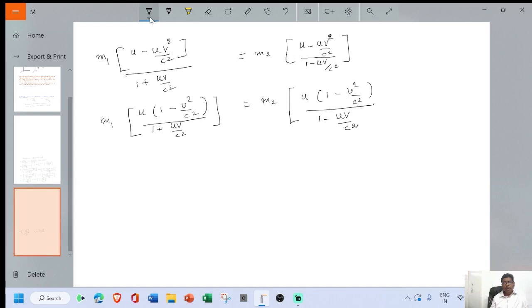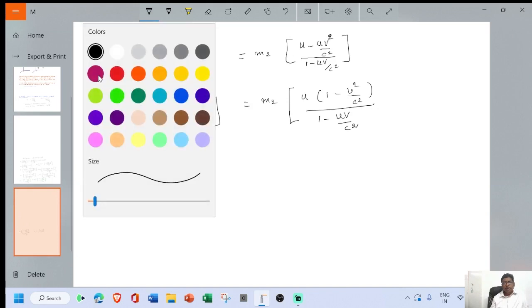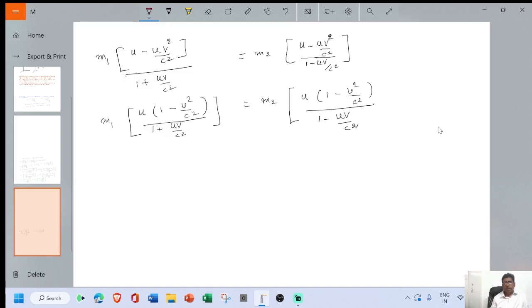Now we may cancel these two terms, u into 1 minus v square by c square. Therefore m1 by m2 is equal to 1 plus uv by c square whole divided by 1 minus uv by c square. Keep this as equation 2.